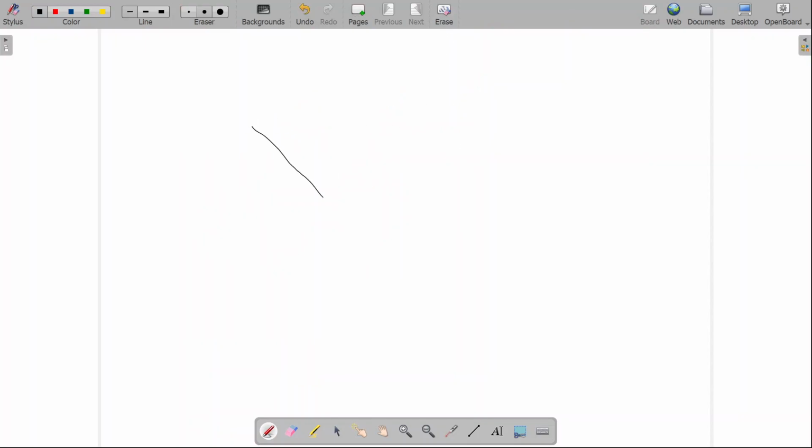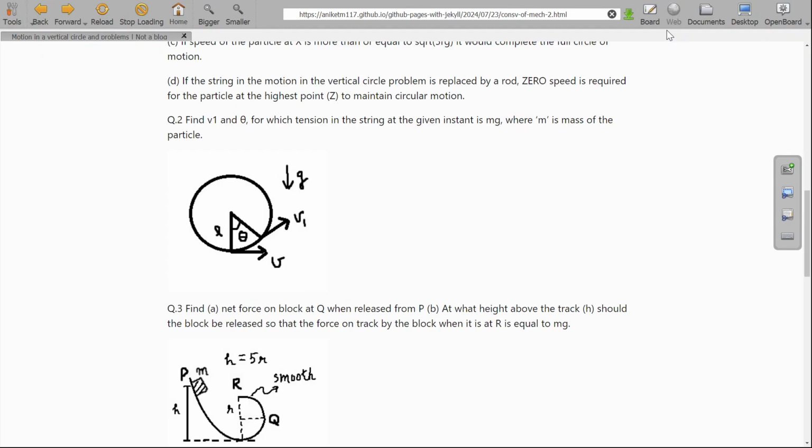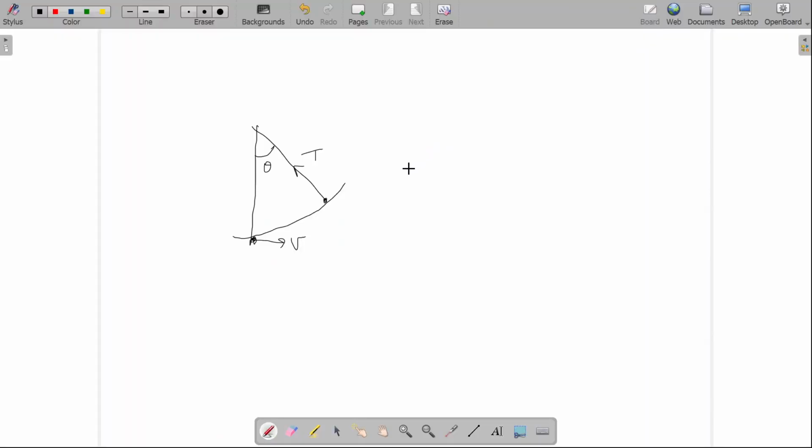At any given point, can we calculate the tension in the string? We know the speed of the particle. So at what point would the tension in the string become equal to mg? Here v is given to us as root gl. This is what we know: v is given as root gl.